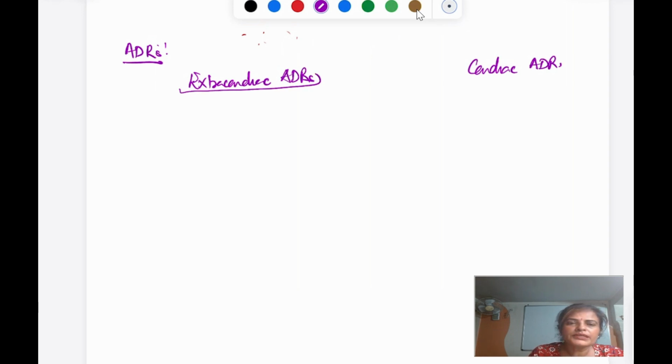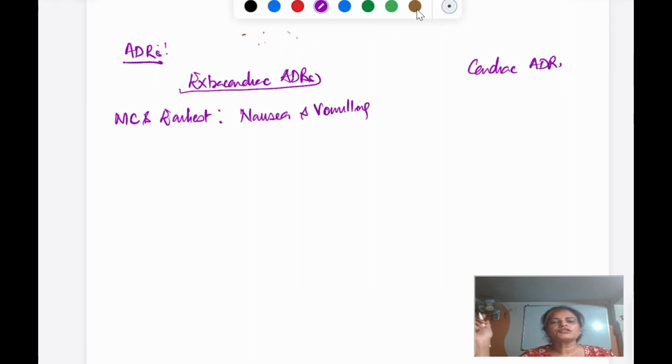The most common and the earliest side effect, I'll write the word earliest. This is a very important viva question and a very important MCQ. The earliest side effect with digoxin is nausea and vomiting. So if any patient on digoxin complains of nausea and vomiting, immediately stop the drug. Along with that, stop that medicine for the patient.